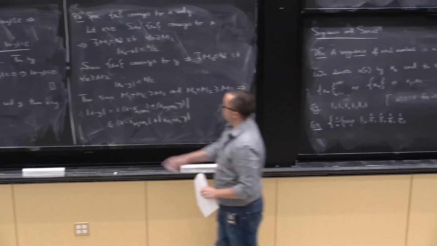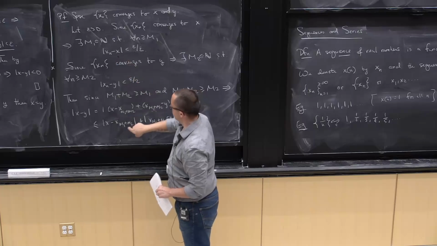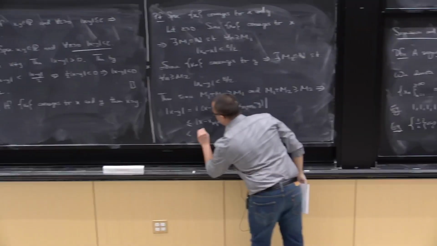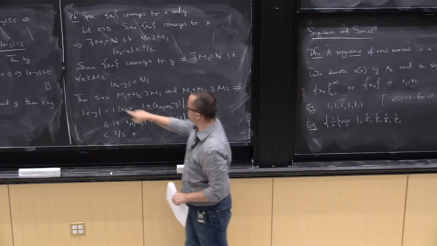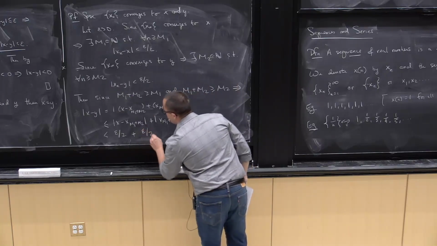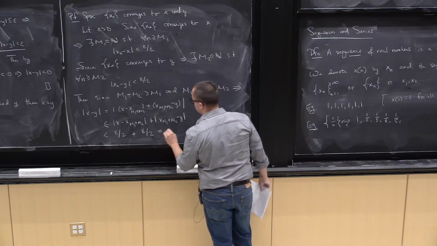Now, the first term is less than epsilon over 2 because m1 plus m2 is bigger than or equal to m1. And for the same reason, since m1 plus m2 is bigger than or equal to m2, the second term is less than epsilon over 2. Now you see why I divided both of those by 2, because when I add them up, I get epsilon.